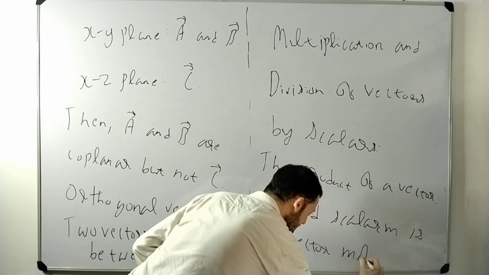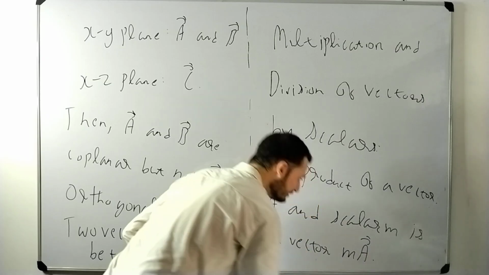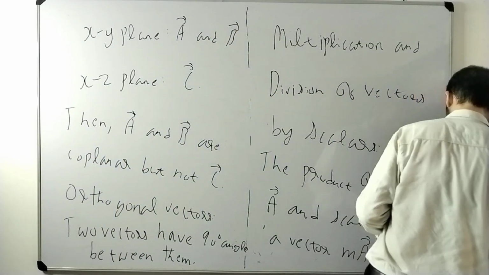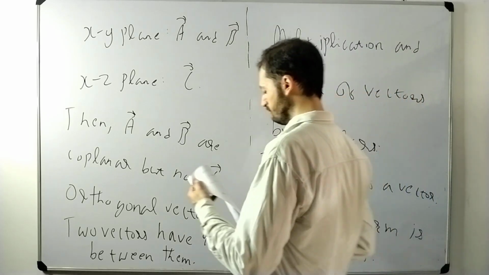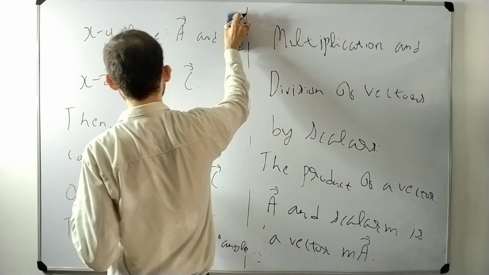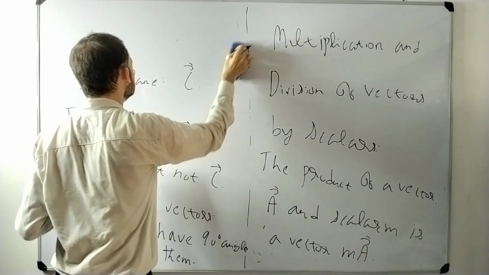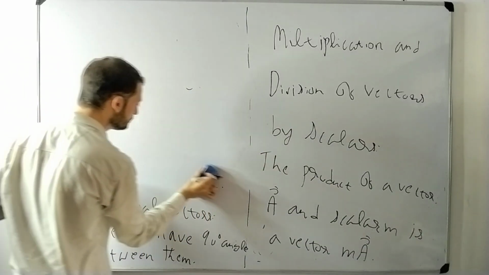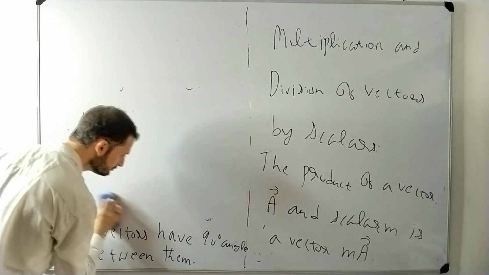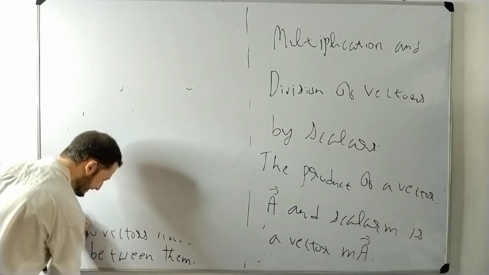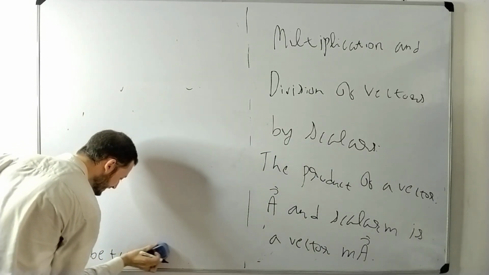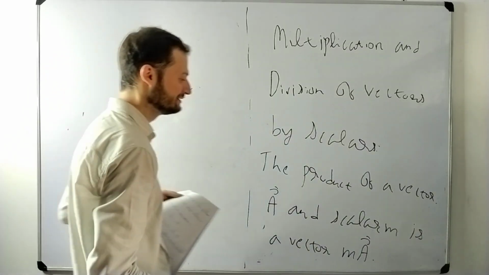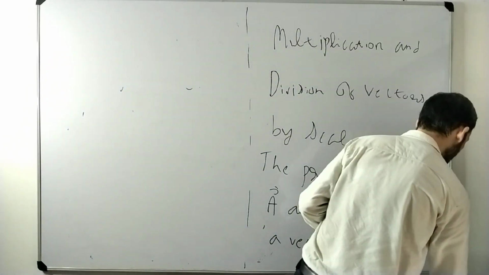Okay, this is a basic thing. So what would I write? Think for yourself, what would be my next step? Some multiplication of a vector with a quantity? No, students, certainly not. This is very basic.